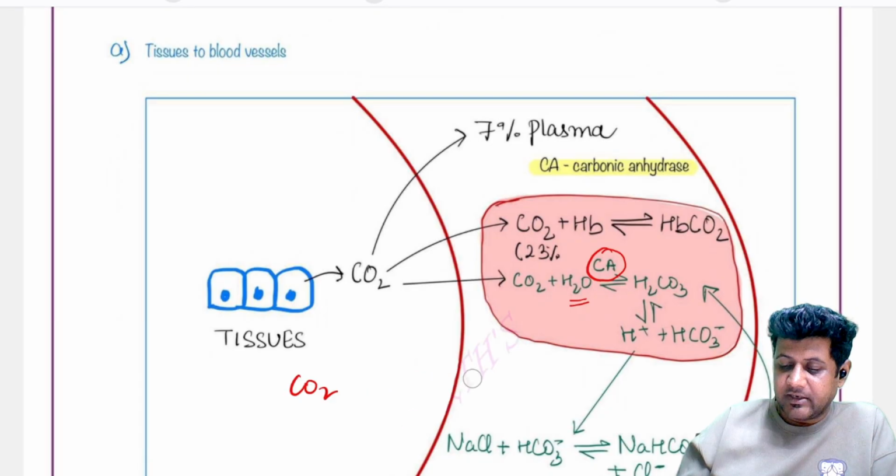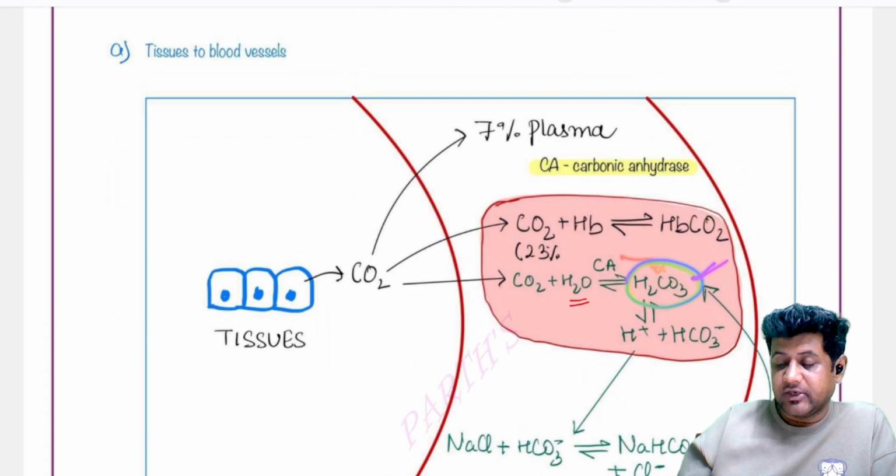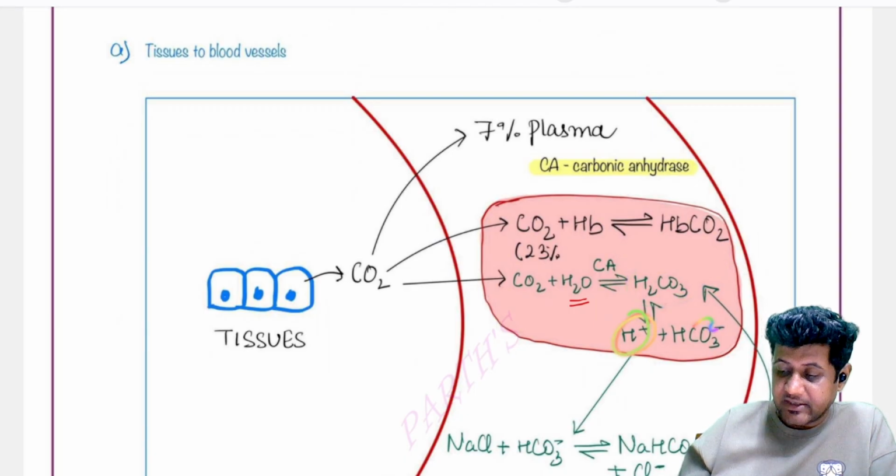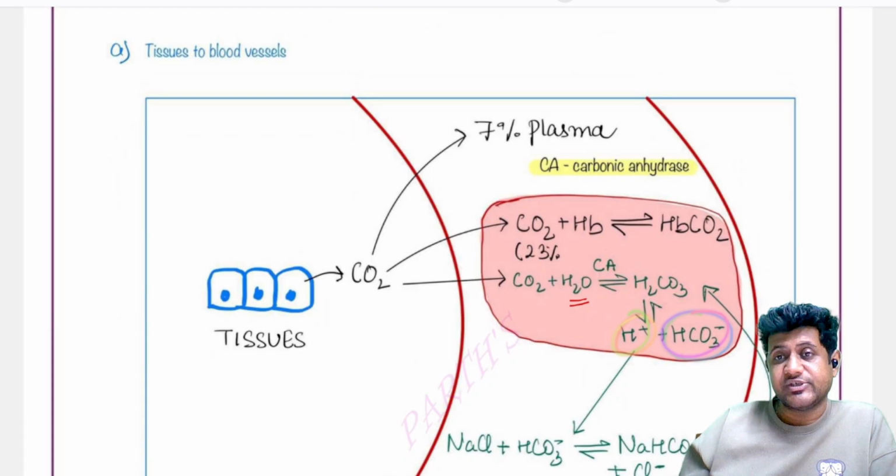This carbonic anhydrase enzyme will convert the water and carbon dioxide into carbonic acid. Okay, and this carbonic acid further gets broken down to hydrogen ions and HCO3 minus, that is bicarbonate.